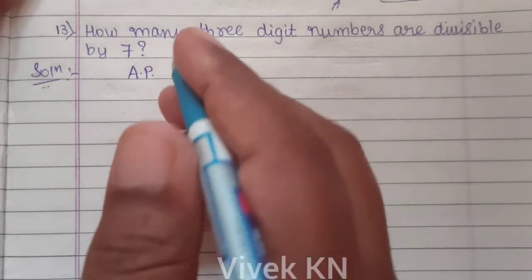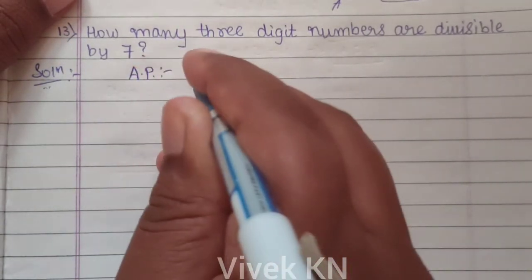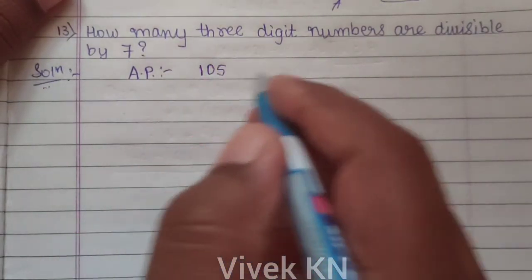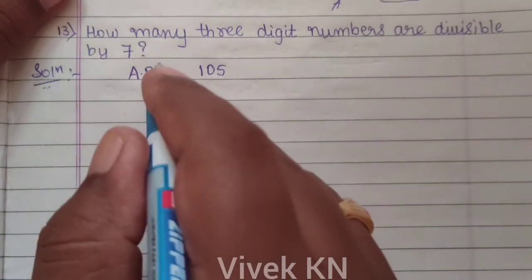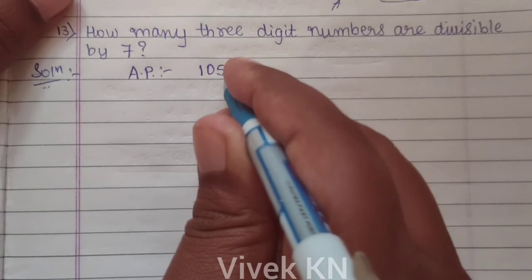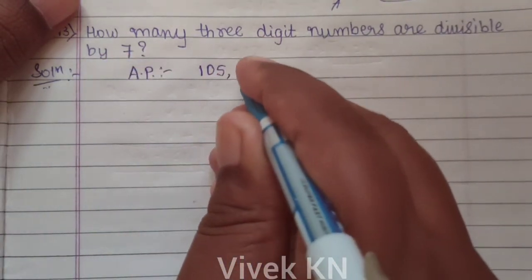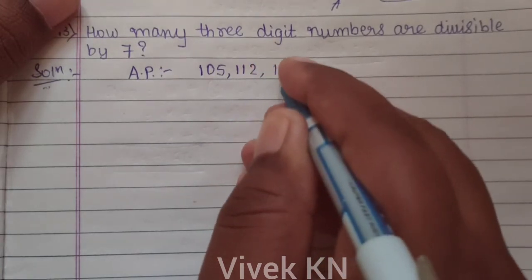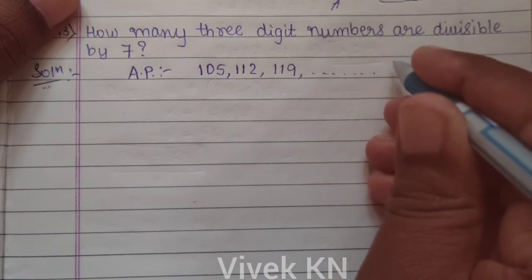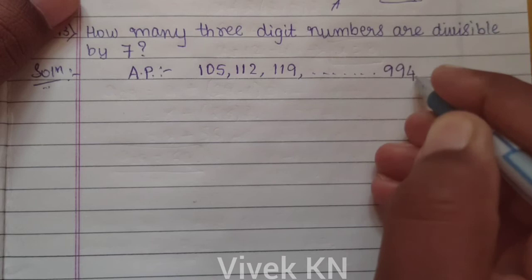In this problem, 105 is the first 3-digit number that is divisible by 7, and to get the next term we have to add 7 to the preceding term, that is 112, 119, and so on up to 994.